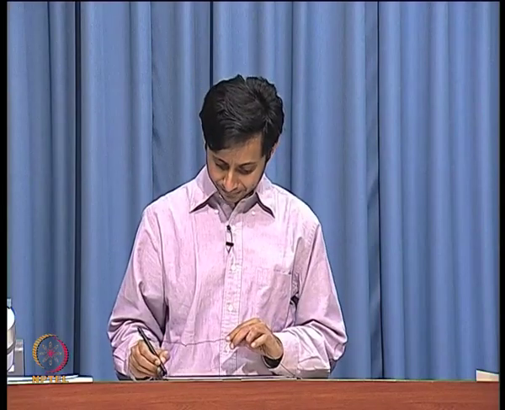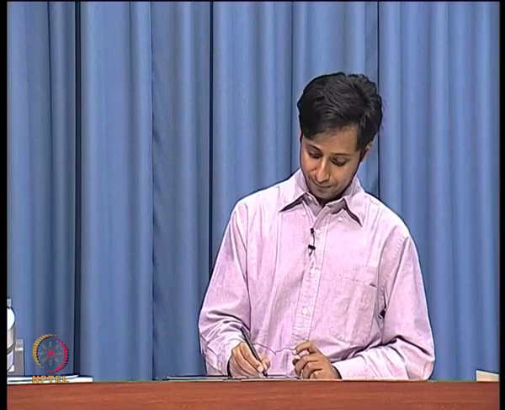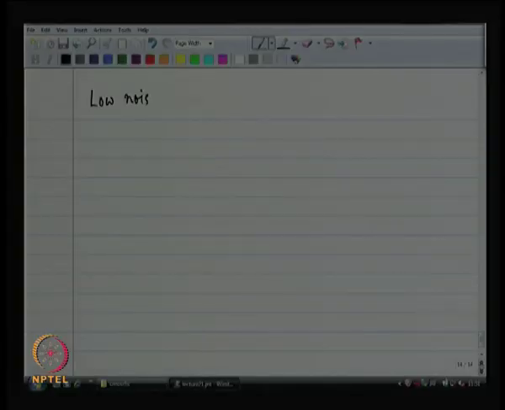So, that is why we want to make something called a low noise amplifier. We are going to make this one beautiful amplifier that does not add much noise, okay, but amplifies. And what we are going to do is, we are going to put this low noise amplifier right after the antenna.